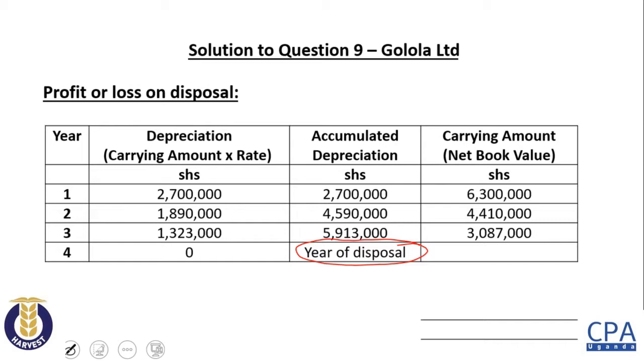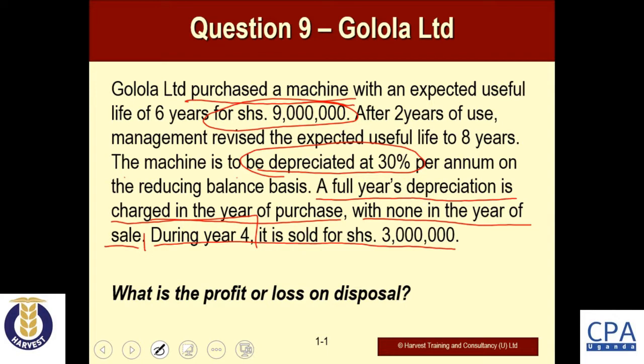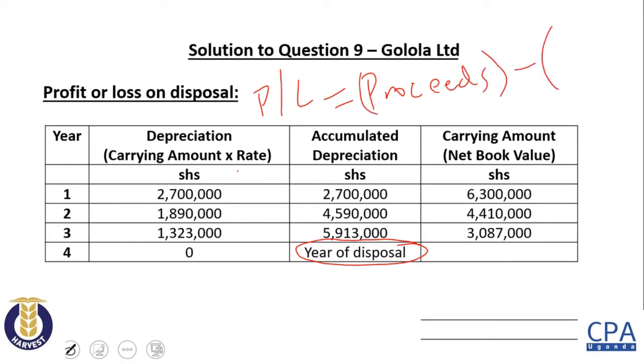Now we proceed to answer our question. We are required to compute the profit or loss on disposal. From the lecture we had on non-current assets, we mentioned that profit or loss on disposal is going to be the proceeds from disposal minus the net book value, or what we may call the carrying amount in the final year.